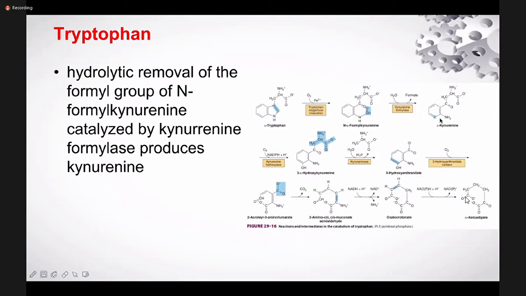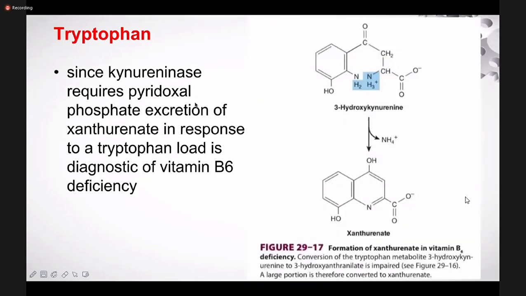So, oxidation and then hydrolytic removal of the formyl group. Since kynureninase requires pyridoxal phosphate, excretion of xanthurenate in response to a tryptophan load is diagnostic of vitamin B6 deficiency.